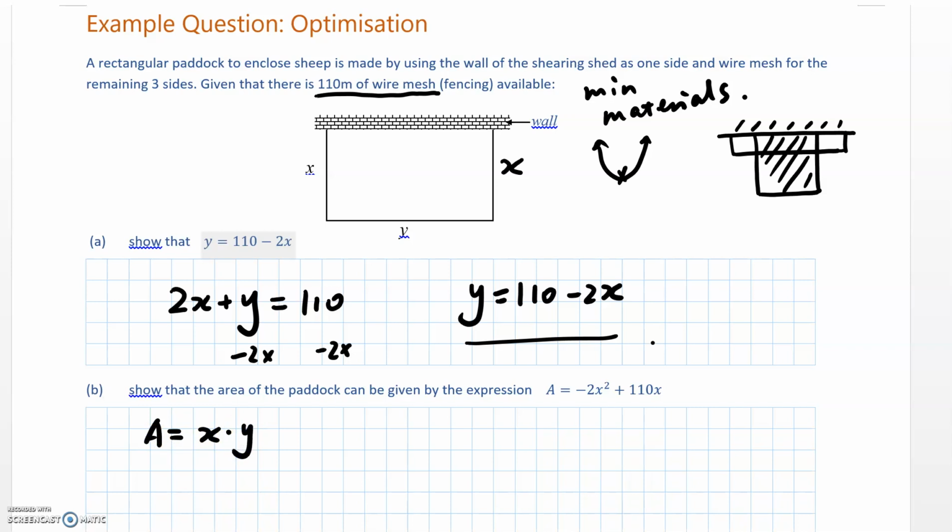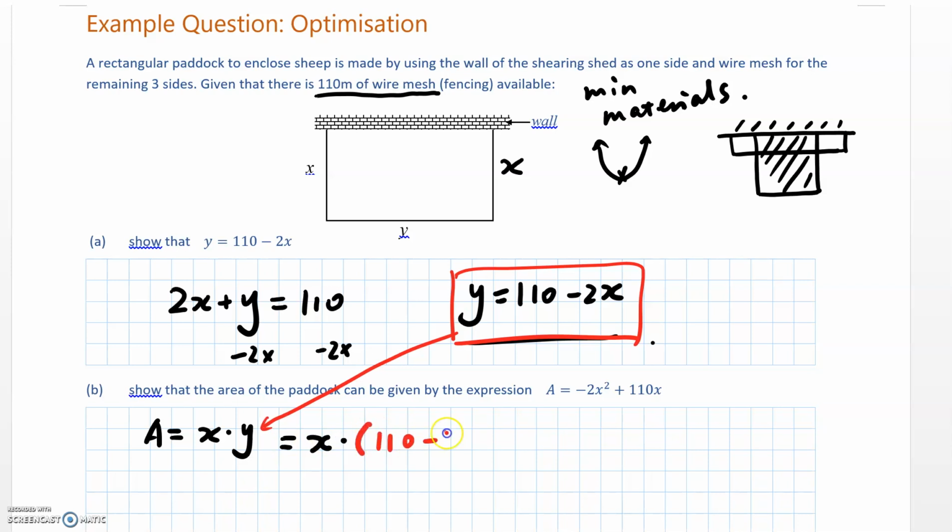From the previous part, I already have an expression for y, using x to represent y. So how about I sub this y into that one? Let's try that. That equals x times 110 take 2x. Make sense?